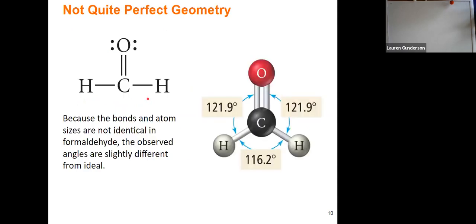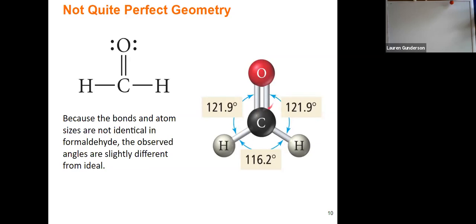So here's one case. We have a carbon, we have a double bond to an oxygen, and then we have 2 single bonds to these hydrogens, okay? Now, if there were no outside influences here, if this was a perfect geometry, then carbon having 3 attachments, each of these bonds would be 120 degrees from one another, all right?